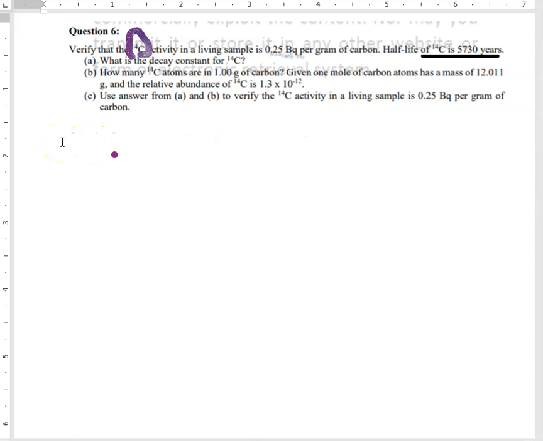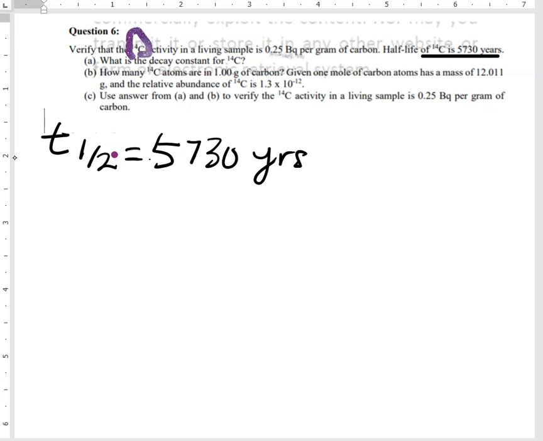So we can write it over here: the half-life is equal to 5,730 years. There is no other information other than that.